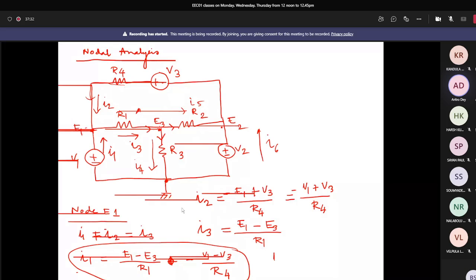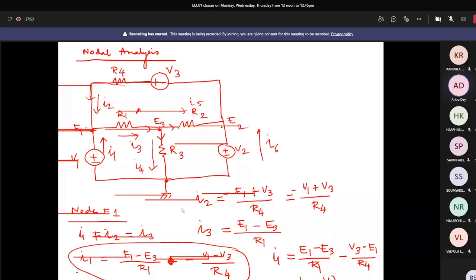Okay, let us continue. First one, I'll revise. I1 is equal to E1 minus E3 divided by R1, and then minus V3 minus E1 divided by R4, right? This is our first node.